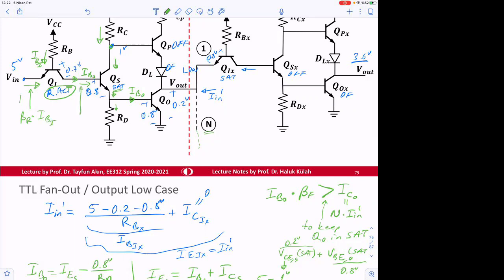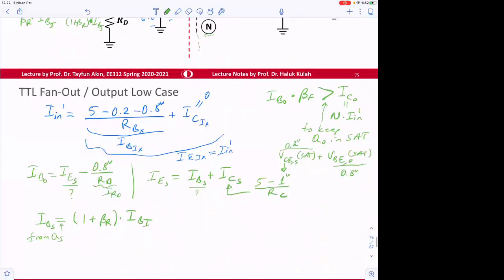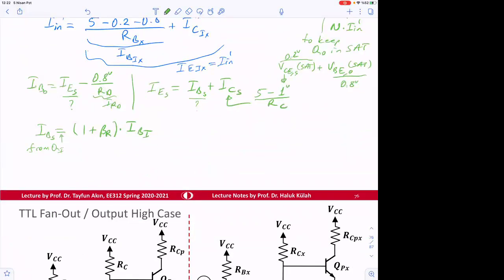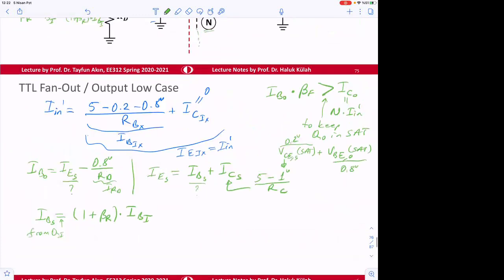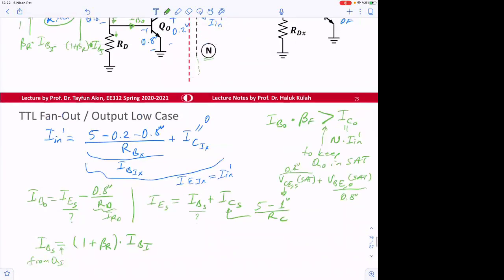And this current is going to be 1 plus beta R times IBI. So beta R is given, but we need to find this one now.